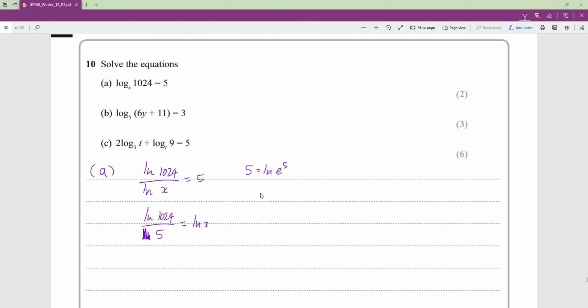And also ln 1024, we can simplify it to 10 ln 2.